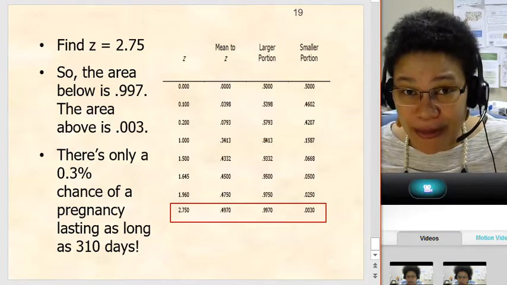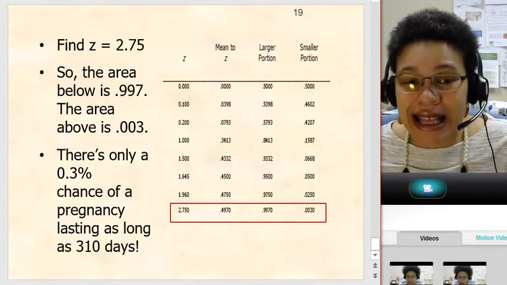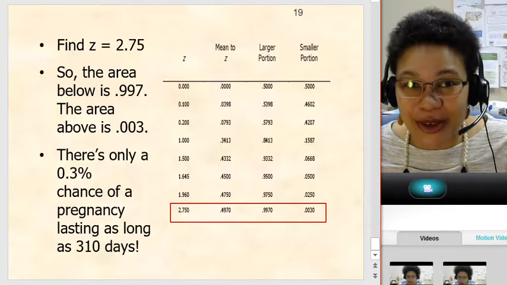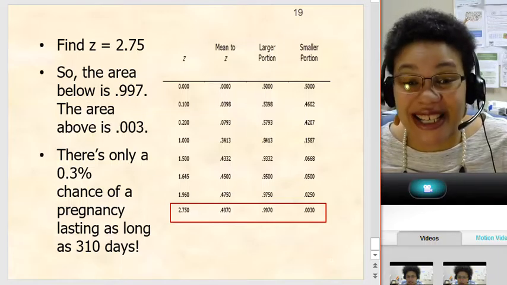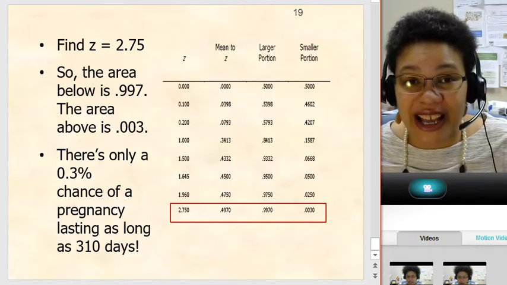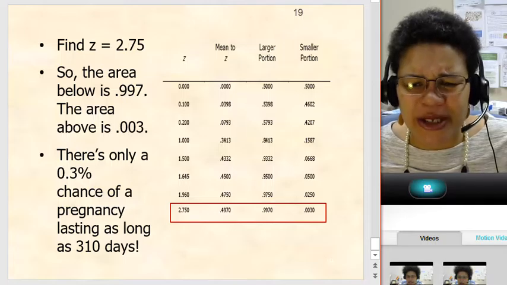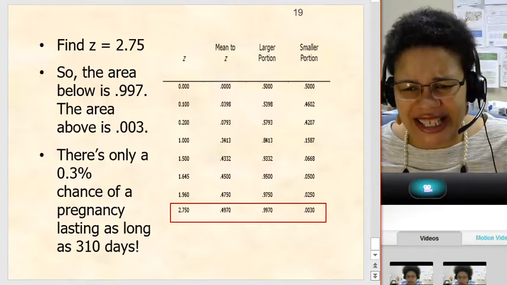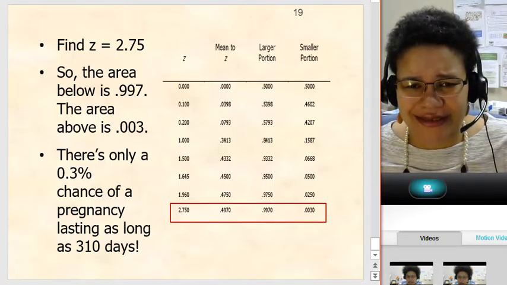Only 0.3%. So less than 1 in 100 pregnancies are going to last that long. In fact, only 3 out of 1,000 pregnancies are going to last that long.